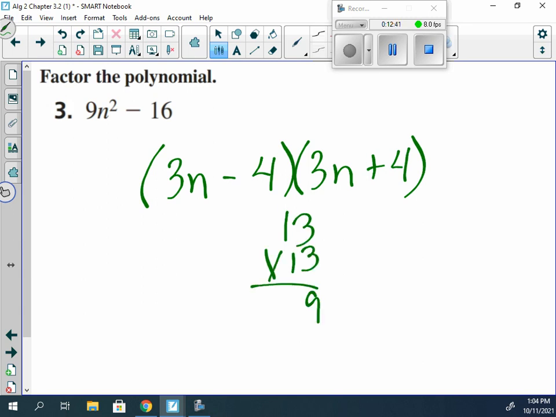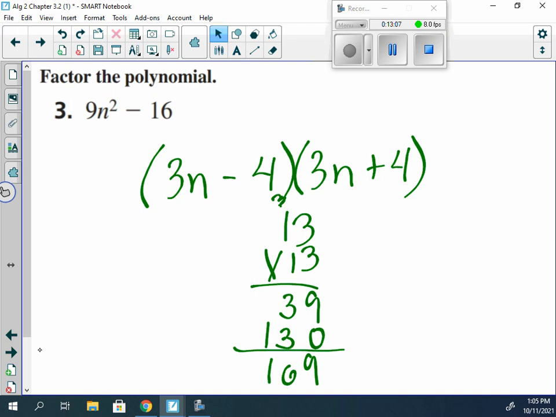If we don't know that off the top of our head, we can take the square root of 169, hit enter, and it tells us it's 13. So 13 times 13 is 169. The calculator will help us with perfect squares to make sure we got the right ones.